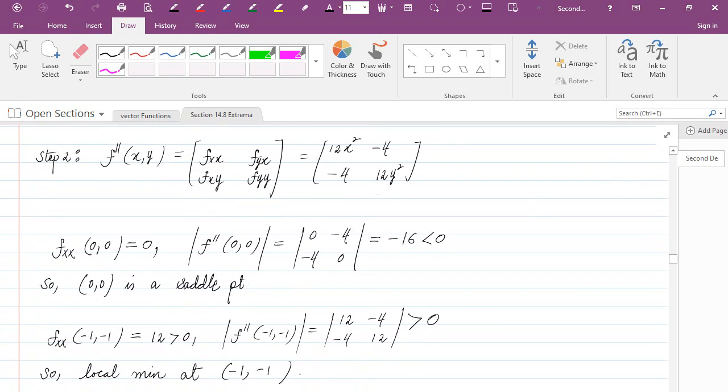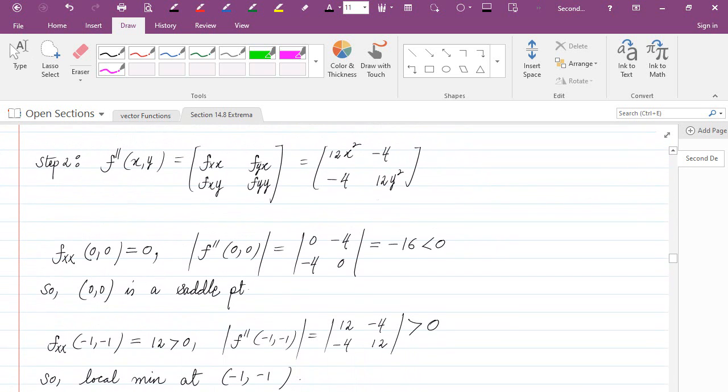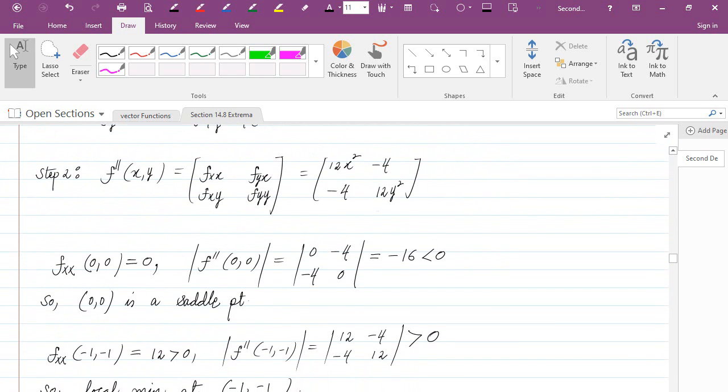Okay, so now we look at the discriminant at (-1, -1), that is, we look at the determinant of the second derivative at (-1, -1). So right here, we plug in -1 for x and -1 for y. If we do that, we get 12, -4, -4, 12.